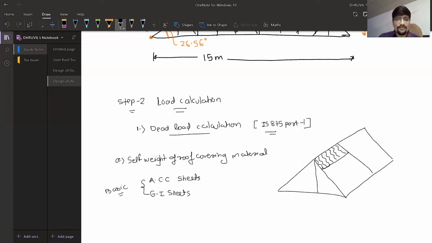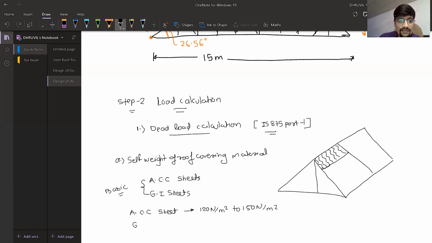Now, if the weight of the sheet is not given in the question, then you have to assume it, and the criteria are given for the range in which we have to assume. We need to assume the weight per meter square. If we are using AC sheet, then we can assume between 120 Newton per meter square to 150 Newton per meter square.